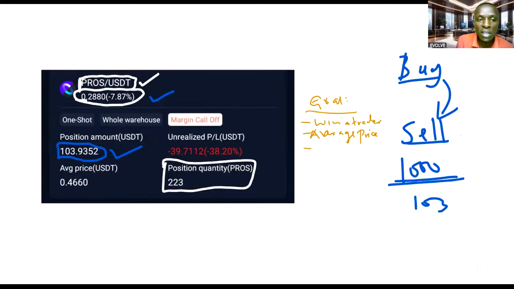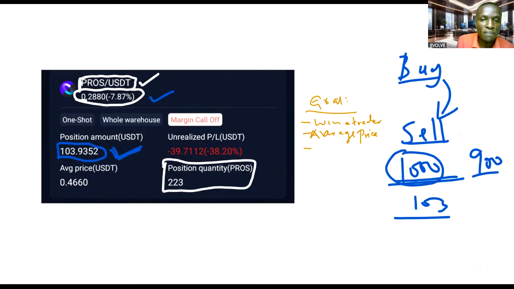In case the market goes up from this point, you are going to make profit from $100, not the 1,000. Why? 900 has not yet entered the market. I hope that is very clear.